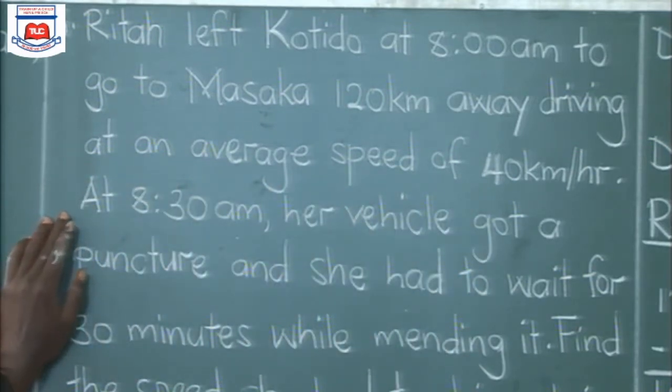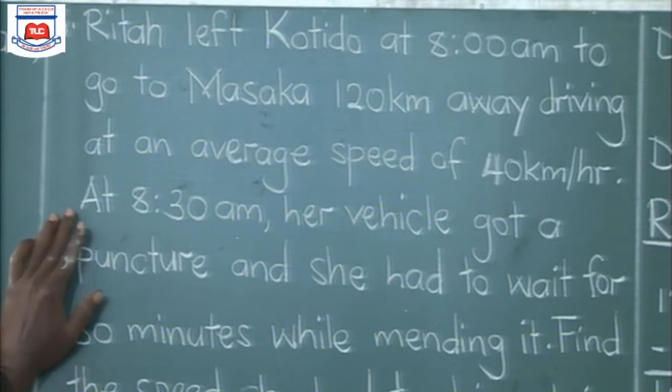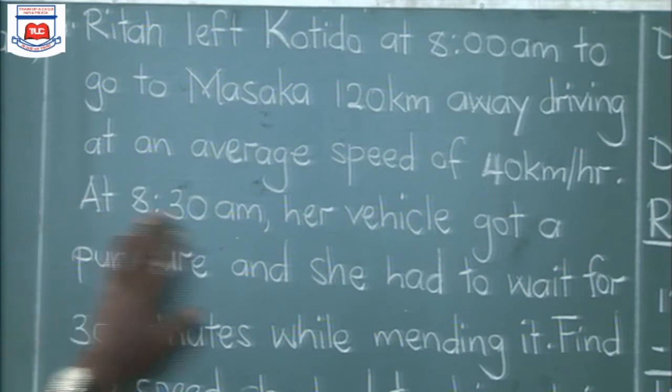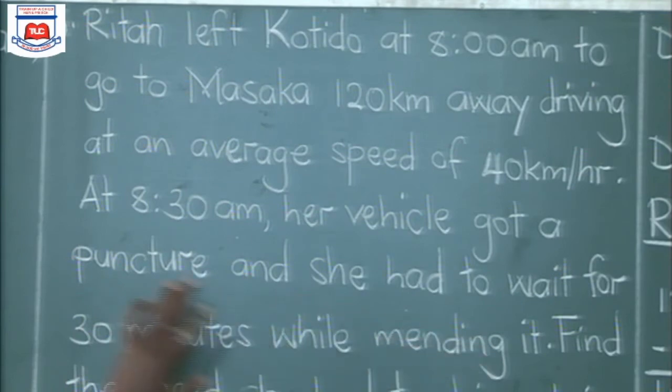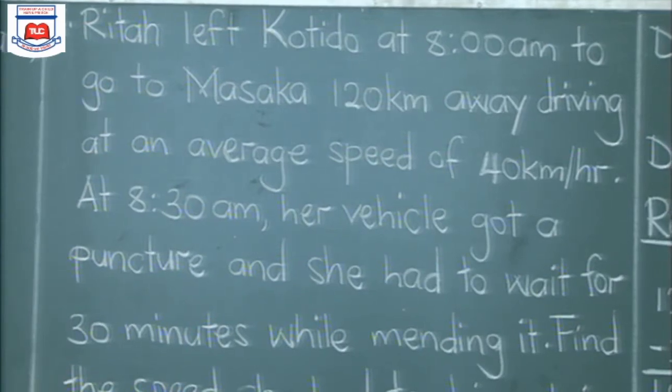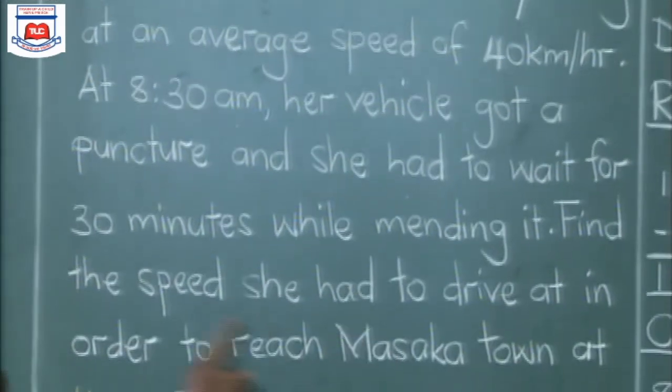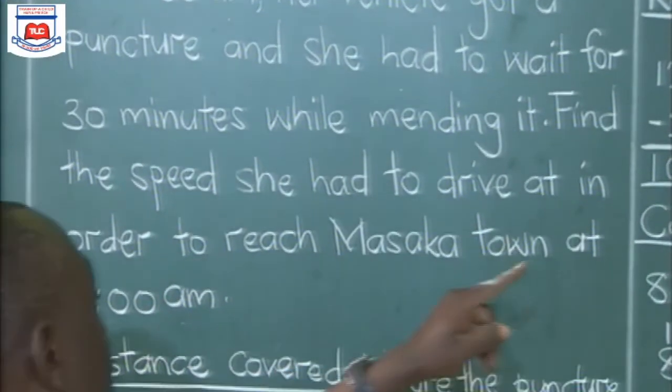Then what happened? At 8:30 a.m., her vehicle got a puncture and she had to wait for 30 minutes while mending that puncture. The question is, find the speed she had to drive at in order to reach Masaka town at 11 a.m.